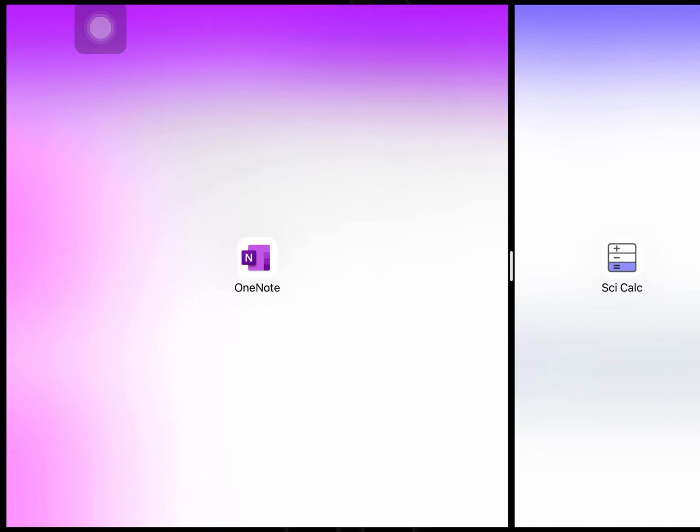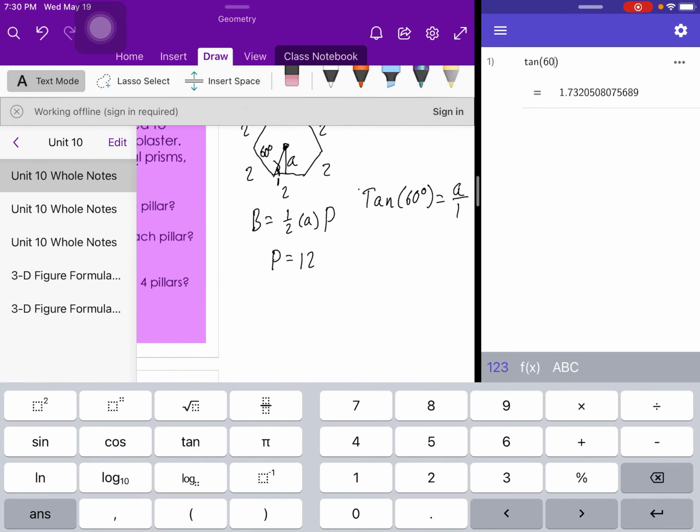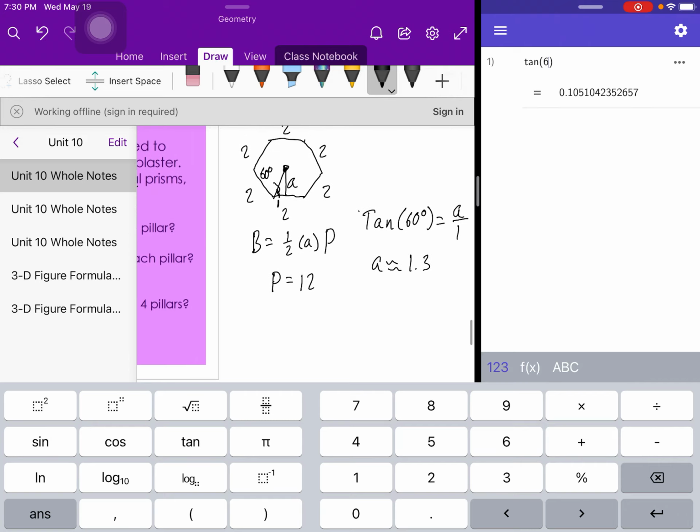And we get 1.73. We'll round that. So a is approximately 1.73. Now, if we use the base area formula for this hexagon, it's going to be 1/2 times apothem. Oop, I messed up on the apothem here.